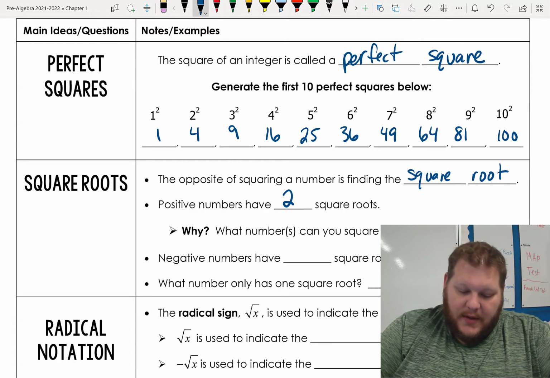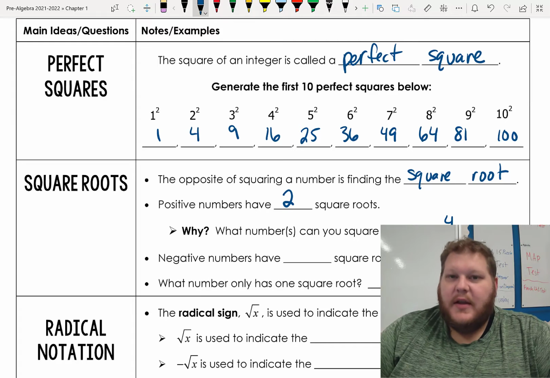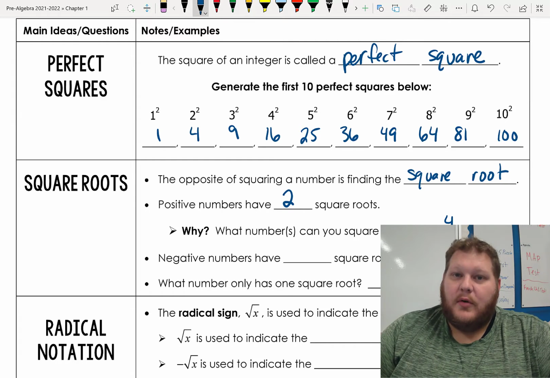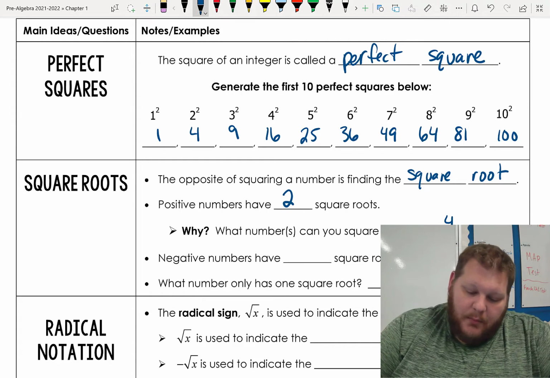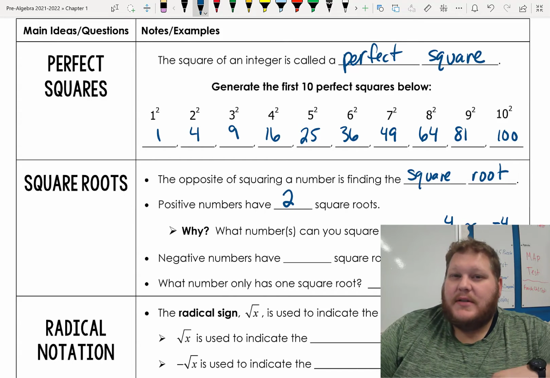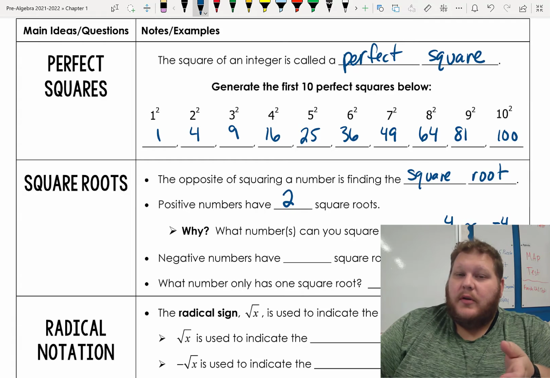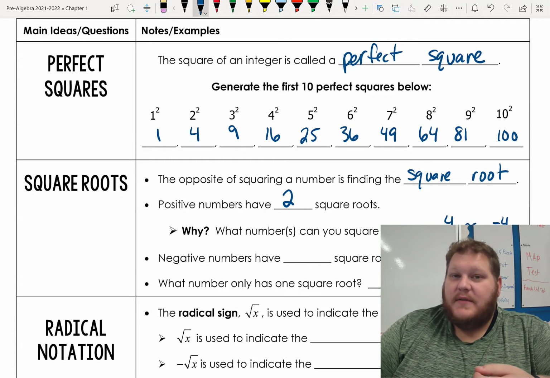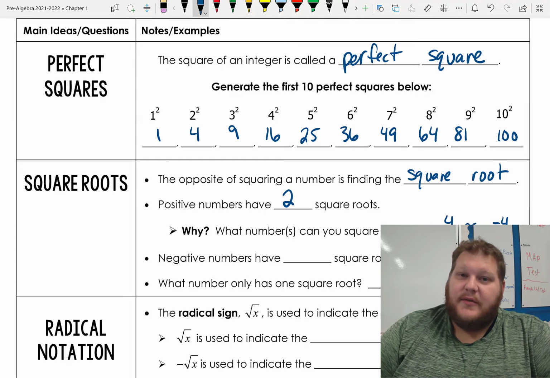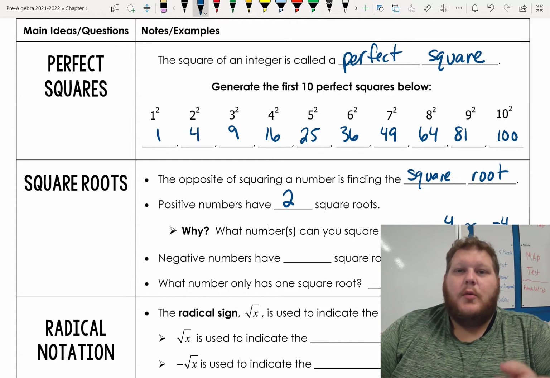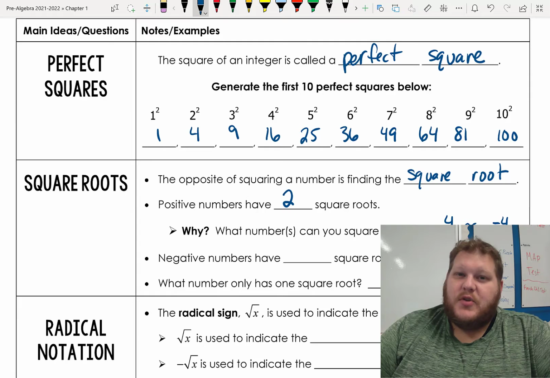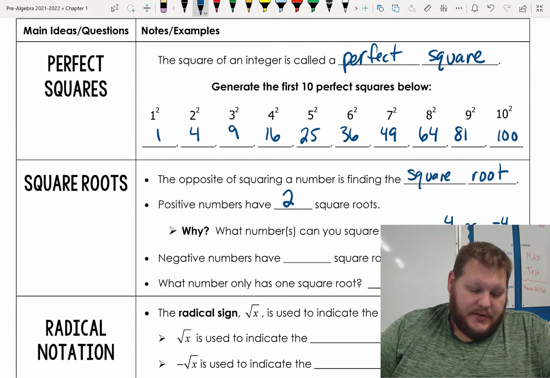Well, we know from that list above that 4 squared, 4 times 4, is positive 16. But we also have negative 4, which is not as obvious. We know from earlier sections that when we multiply 2 negatives together, we get a positive number. So negative 4 times negative 4, which is negative 4 squared, would also give me a positive 16. It's kind of funky, kind of weird, but that is an option for us.